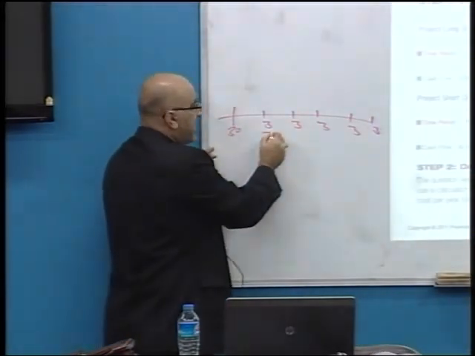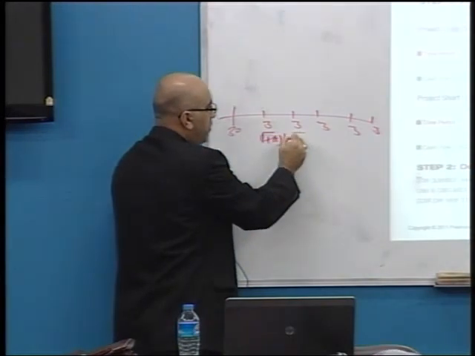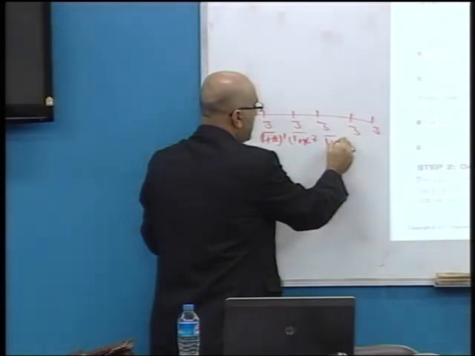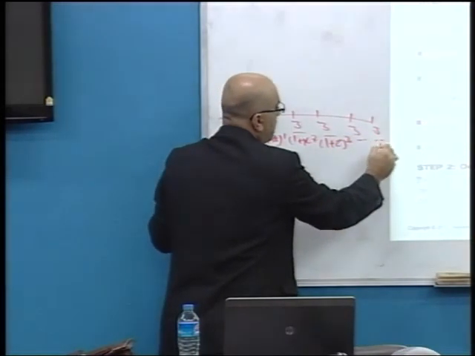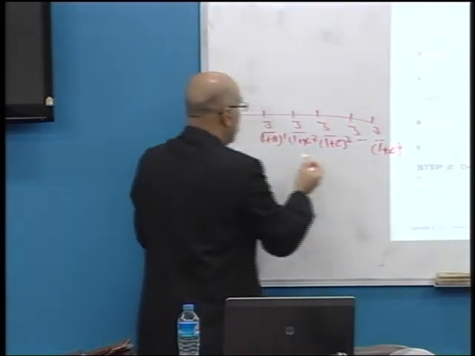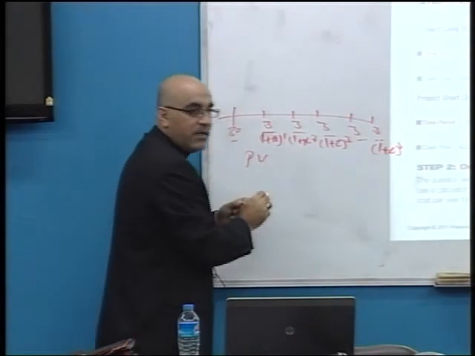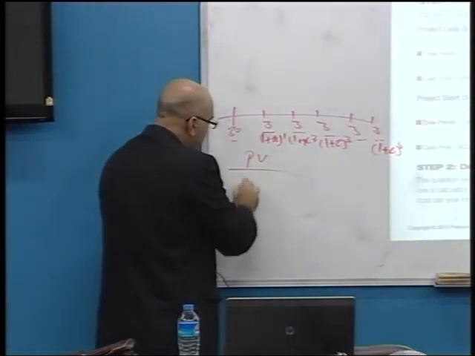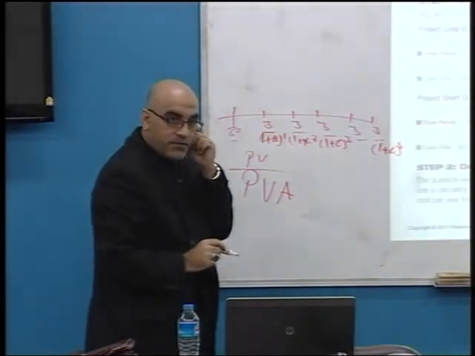So just discount this: 1 plus k raised to the power 1, 1 plus k raised to the power 2, 1 plus k raised to the power 3, and the same up to 1 plus k raised to the power 5. Then add up to the 30,000, and you have the present value. Then divide the present value by the present value annuity factor.